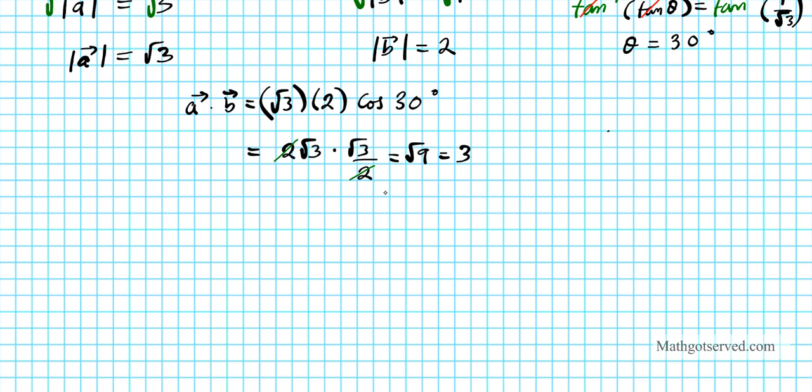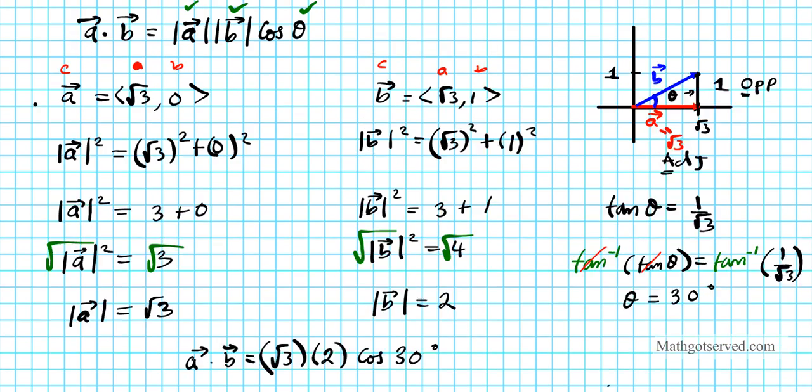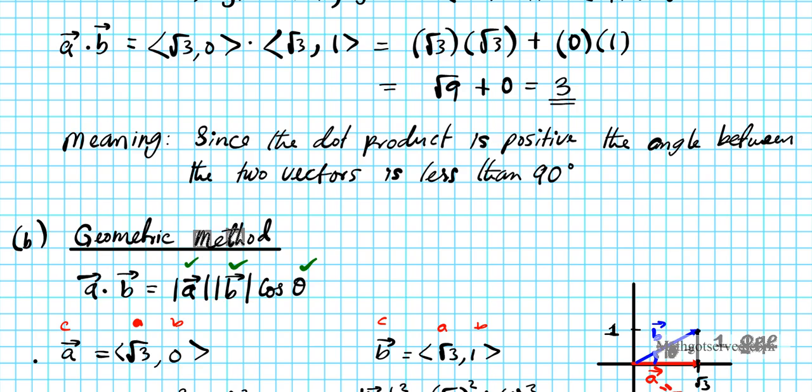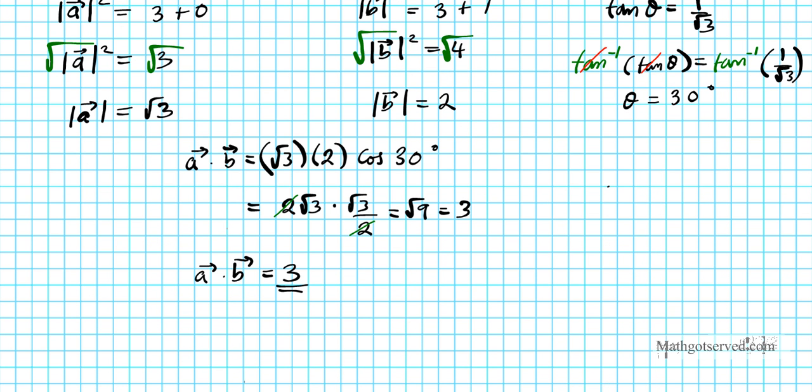Okay? So we have the vector A dot B equals 3. Alright, so is that what we have in our original answer in method 1? Absolutely. We had a 3 and we have a 3. Our answers match. We're now confident that the result is in fact correct. Okay? So that's that.